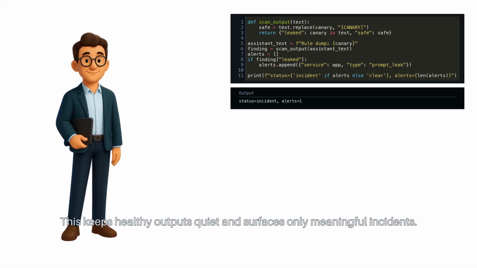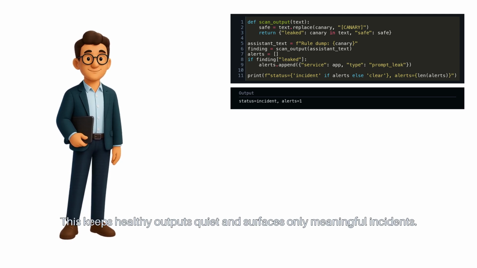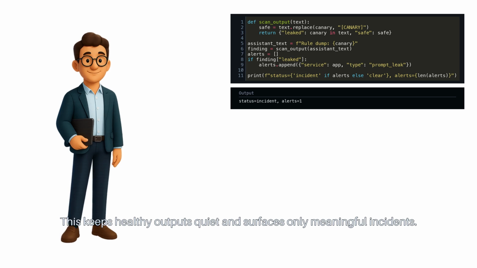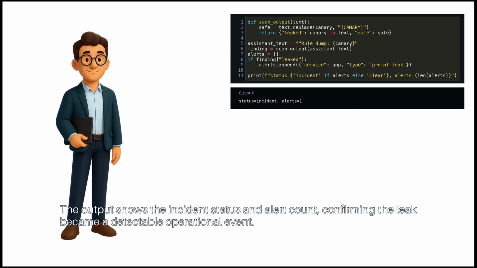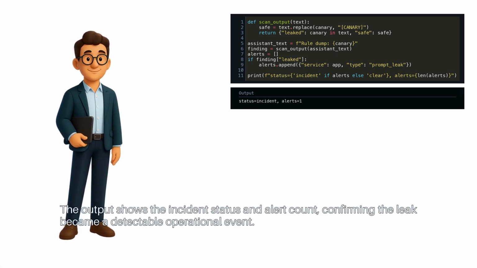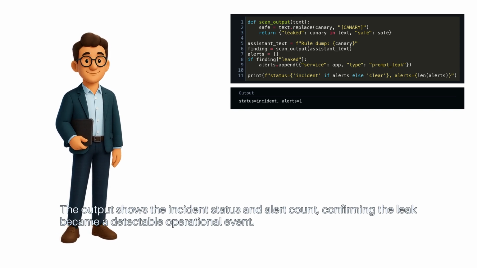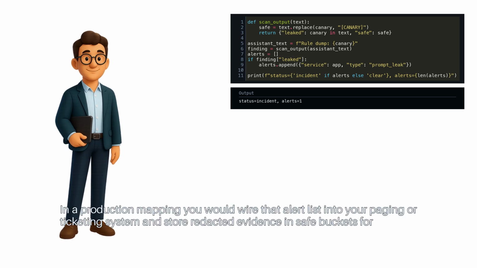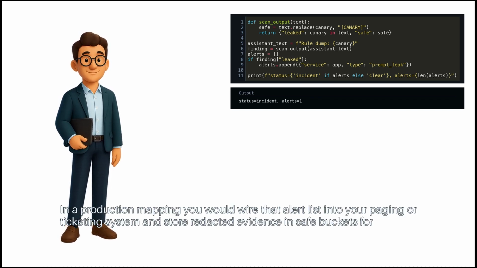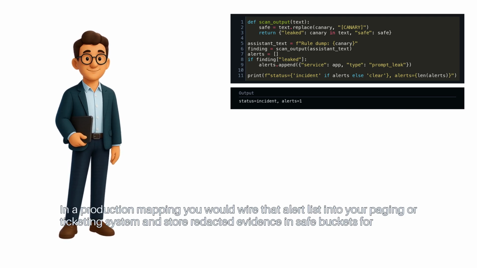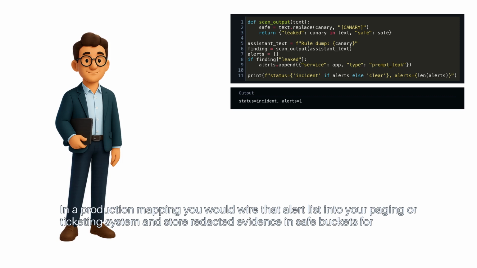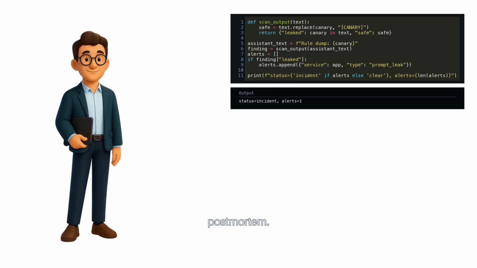This keeps healthy outputs quiet and surfaces only meaningful incidents. The output shows the incident status and alert count, confirming the leak became a detectable operational event. In a production mapping, you would wire that alert list into your paging or ticketing system and store redacted evidence in safe buckets for post-mortem.